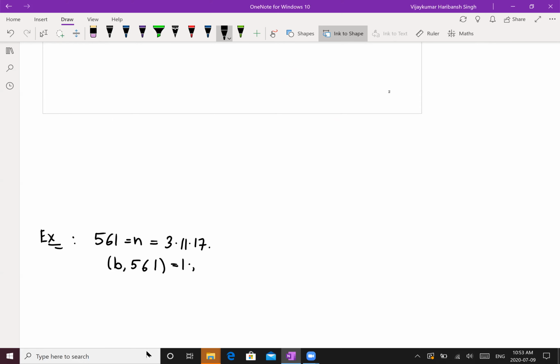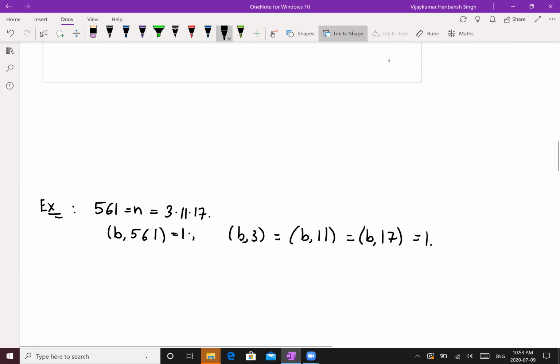So to see that, notice the following. Since b and 561 are coprime, b is coprime with every prime factor of 561.